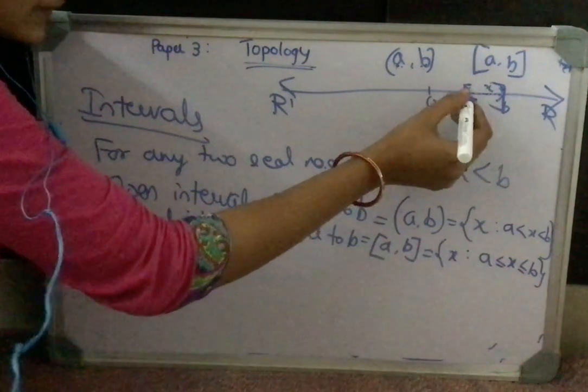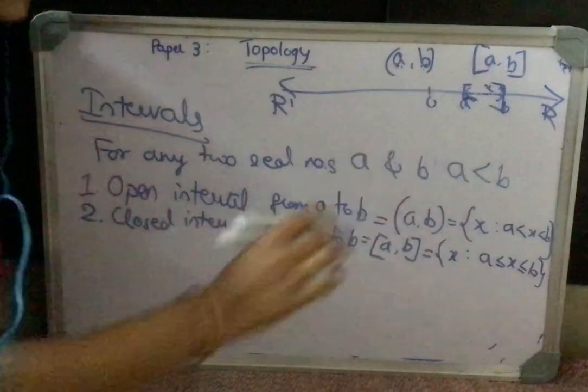These are the real numbers in this interval including A and B.